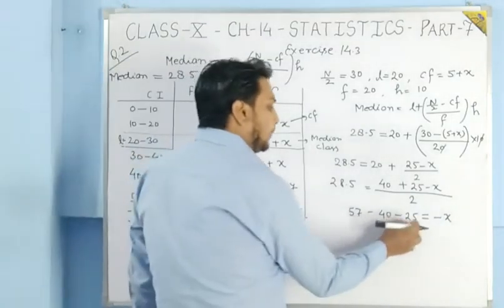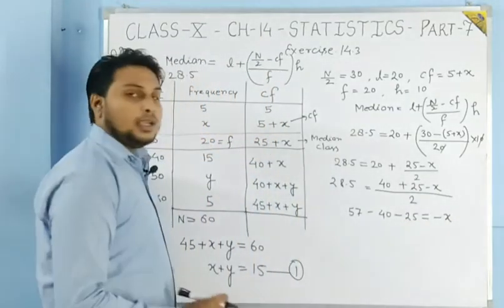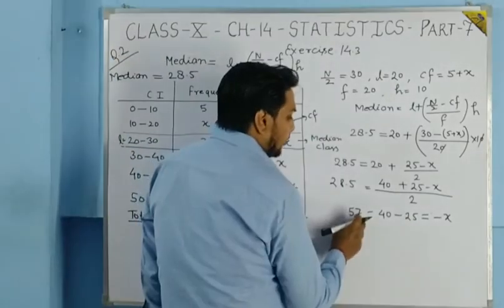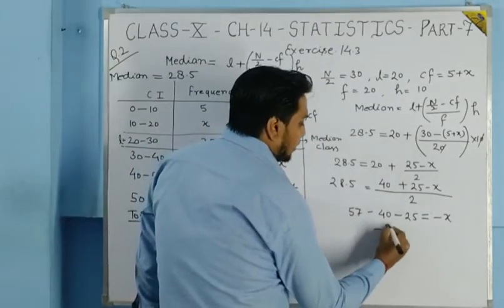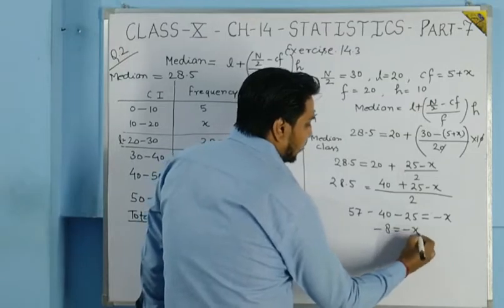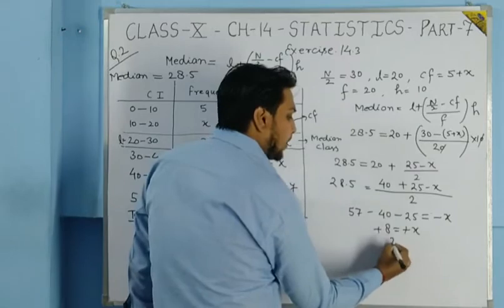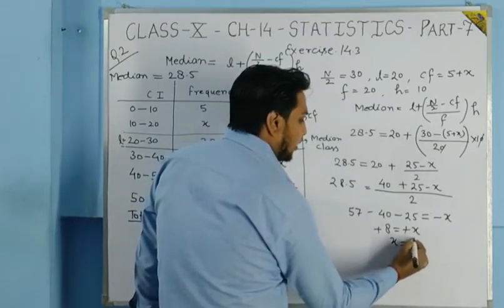Now students, 40 plus 25, that is 65 with the negative sign here, and here positive 57, so it will be minus 8 is equal to minus x. 57 plus 8, that is 65. Minus and minus will be cancelled out, so x will be 8.